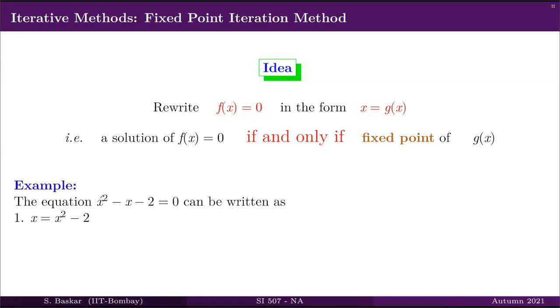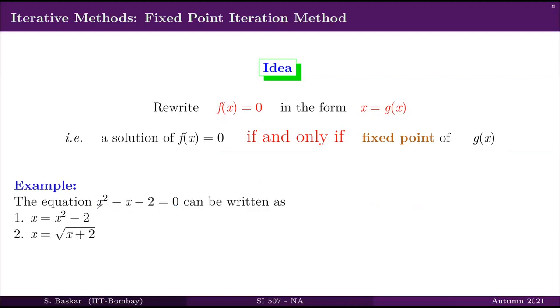So for instance, let us take f of x is equal to x square minus x minus 2. Then we are interested in solving the polynomial equation x square minus x minus 2 equal to 0. Clearly, this equation can be rewritten as x is equal to x square minus 2, in which case our g will happen to be x square minus 2, right?